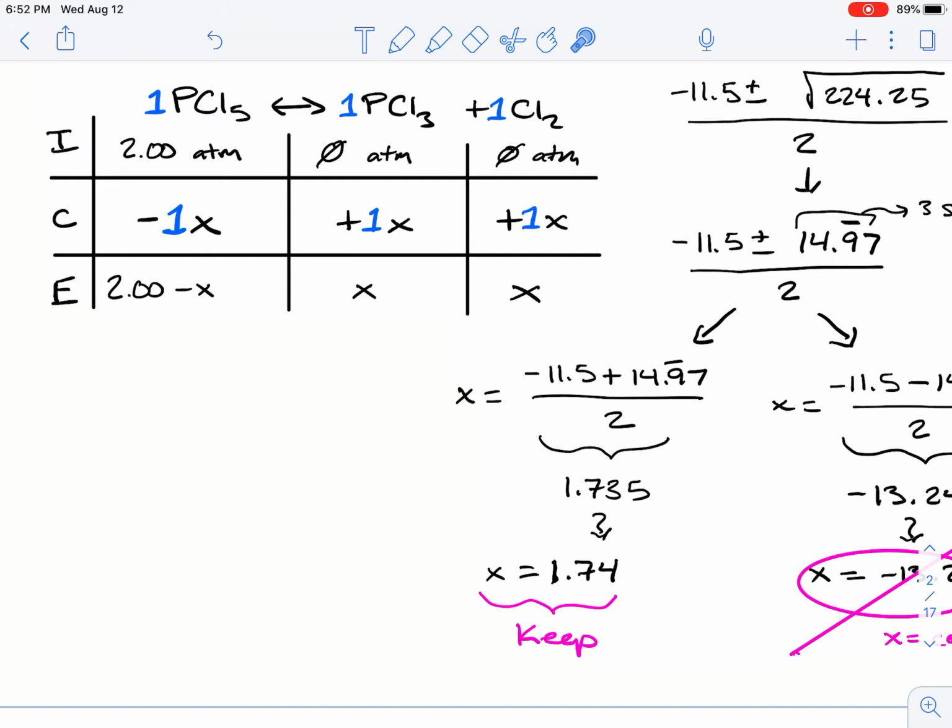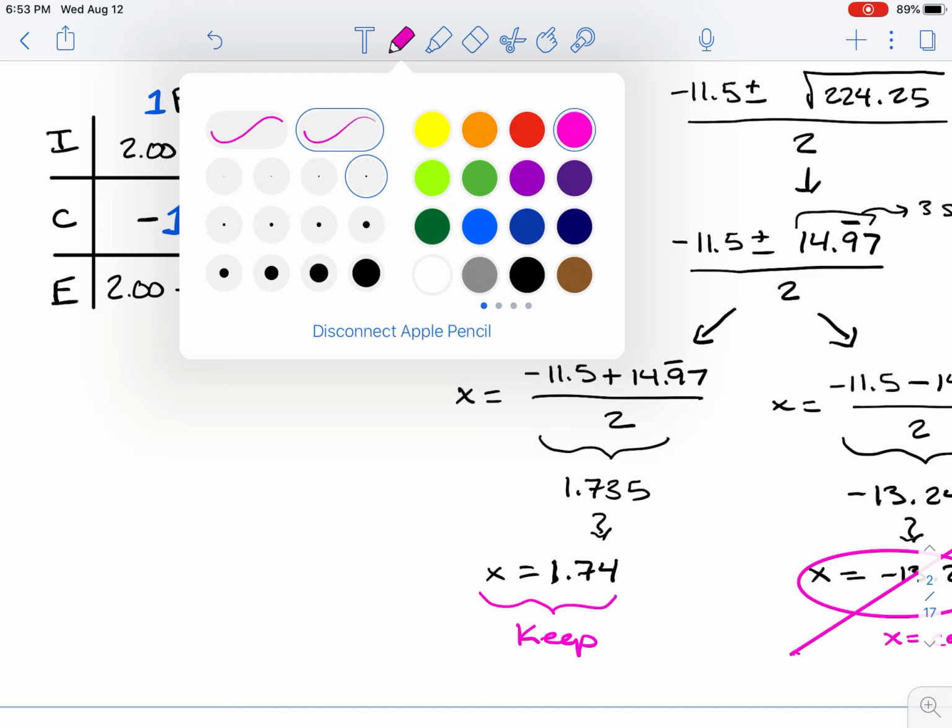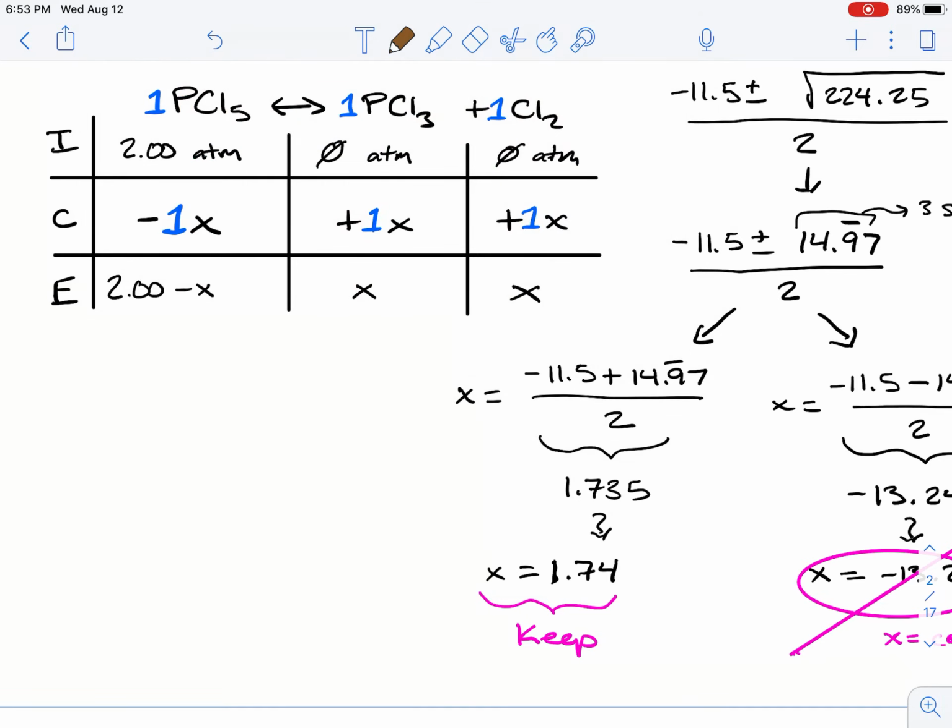And so 2.00 is greater than 1.74. Since 1.74 is less than the initial value, the change, the minus x that it represents, is feasible. If this number is 3.0, even though it's positive, that can't occur. So it must be less than the initial amount. Okay. So now that I have a value of x, I'm going to go ahead and determine the equilibrium partial pressure for all of these gases.